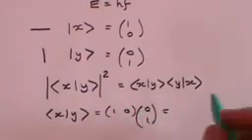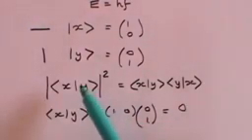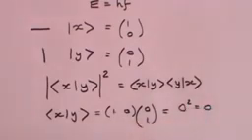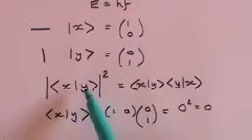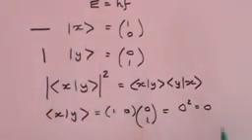So it's 1 times 0 is 0, plus 0 times 1 is 0, gives you the answer 0. And of course you now need to square it. So 0 squared is 0. So the probability of a photon prepared in the y axis, which is the vertical axis, going through a horizontal polarizer is 0.